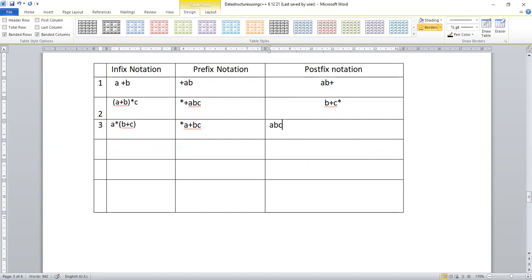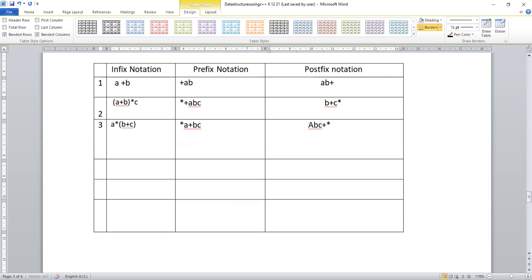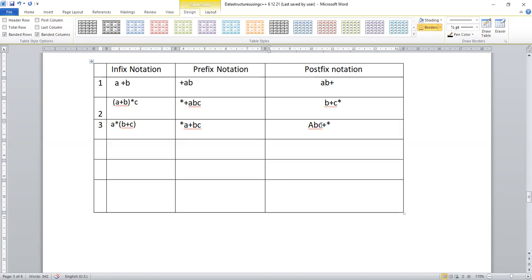Whereas in postfix, first the operands will come, abc, then plus and asterisk.